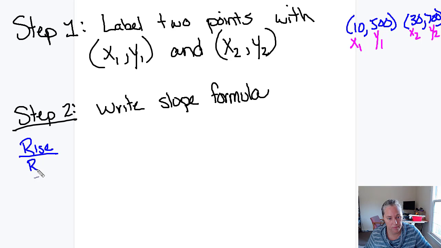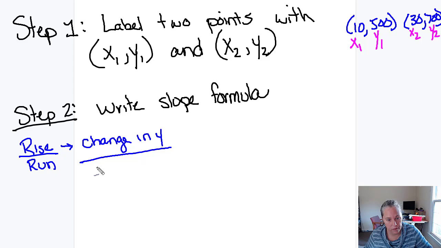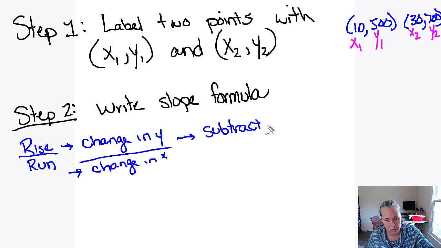Rise over run is change in y over change in x is subtract y values over subtract x values.